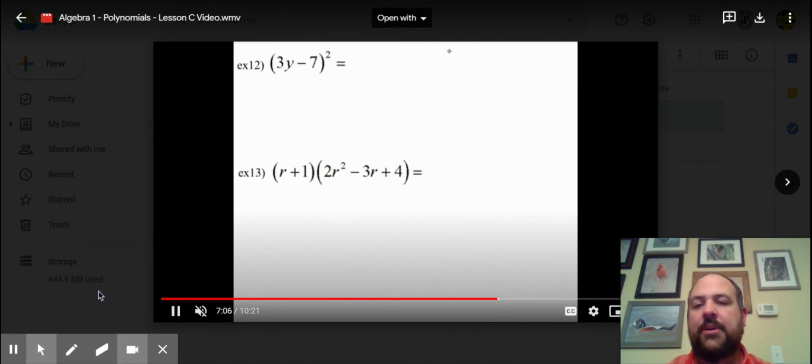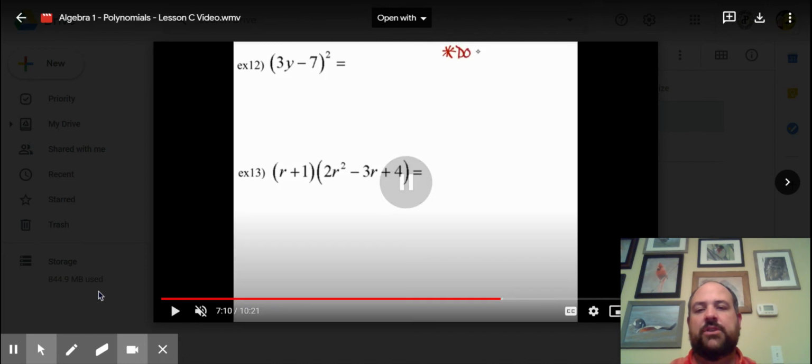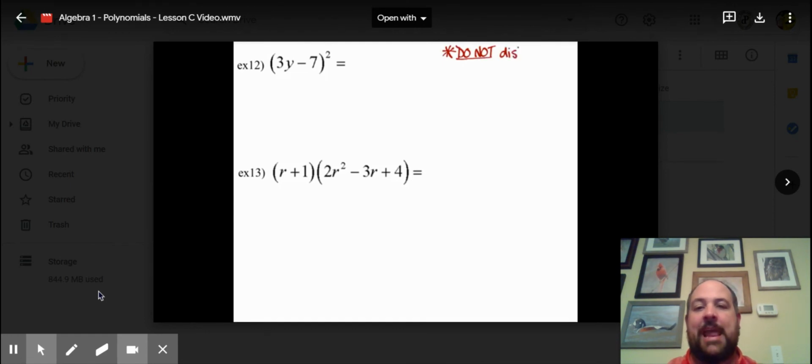All right, we got a couple examples left here. Number 12, we have 3y minus 7 squared. I want you to be careful here and remember that we do not distribute an exponent through a quantity like this. I'm not going to take 3y squared and 7 squared.